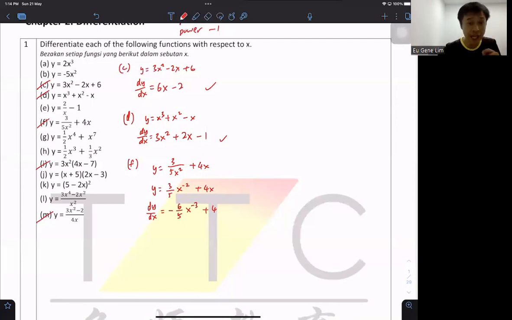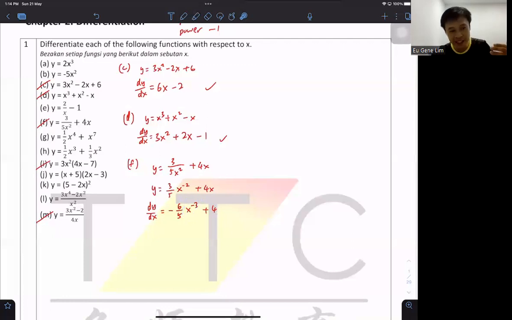Actually, if you leave your answer like this, no problem. But normally we like to bring the x back to the bottom, because x power negative belongs to the bottom.